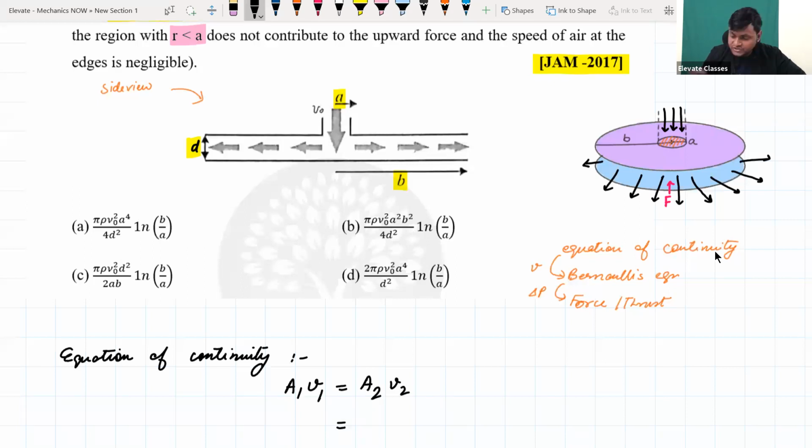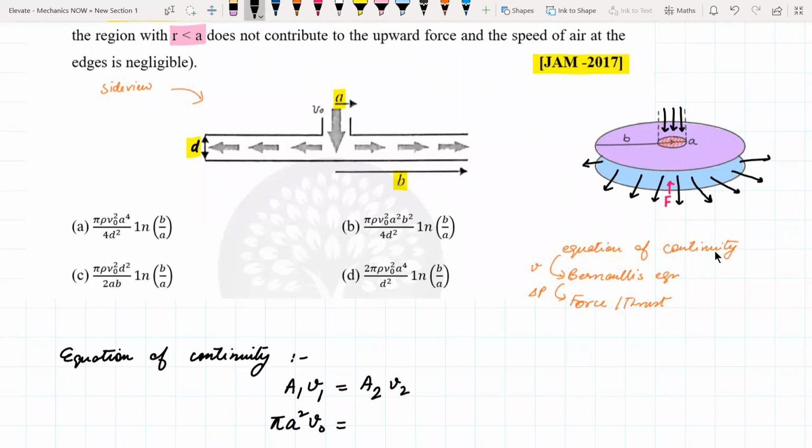What is the velocity at the entry? It is given as V0. What is the area of cross section of entry? Pi a square. Very good. Let's suppose the velocity at exit is V. What is the area of cross section of the exit? Twice pi b t, 2 pi b t.